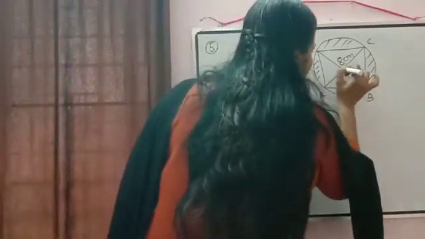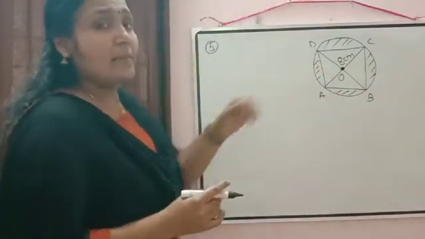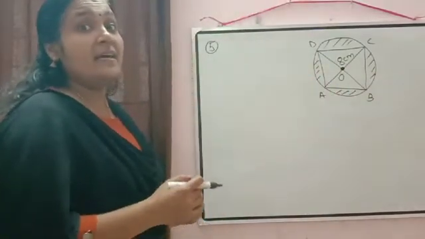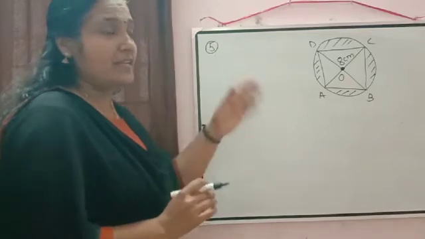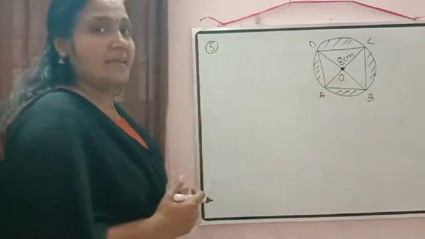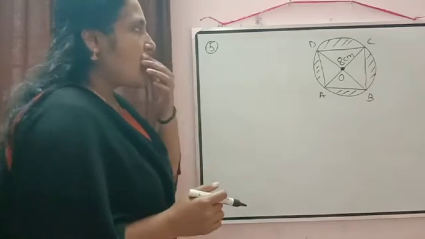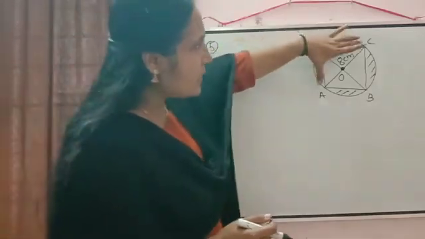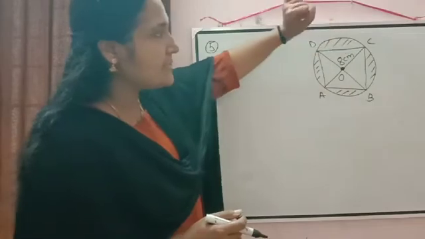Now one more thing here: the intersection point, since it is a square, will be the center of the circle. If it is a square, diagonals will intersect at the center only. So here it is given total AC is equal to 8 centimeter.